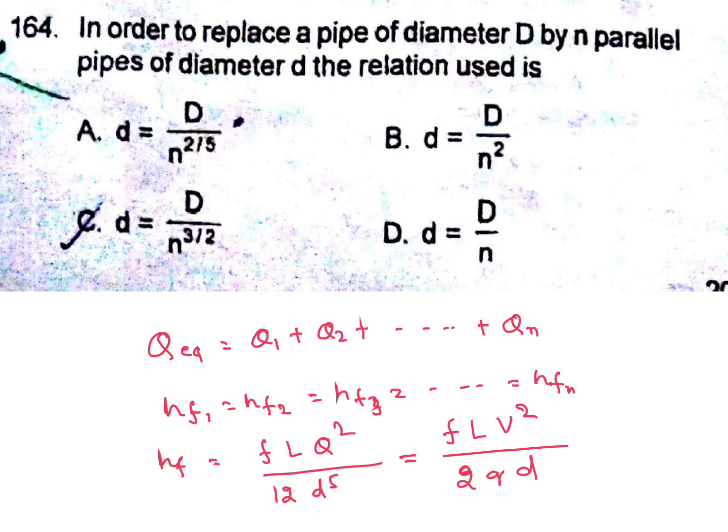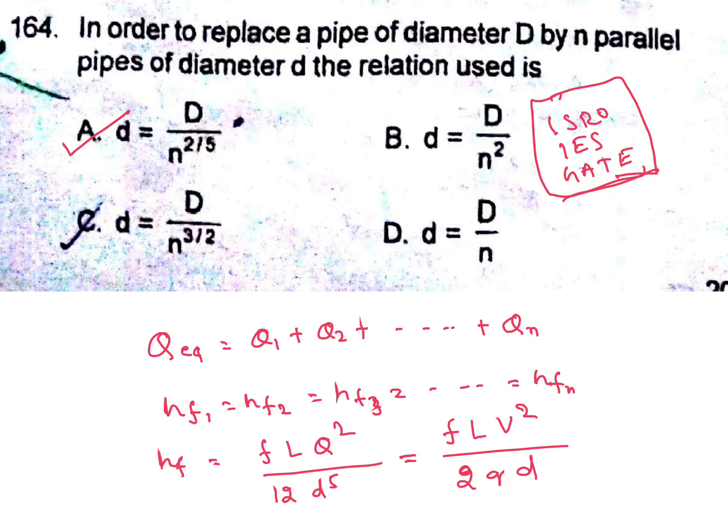This is a little bit time-taking question, but this is very important for ISRO, IAS and GATE exams. So if you are getting time, then you solve this one.